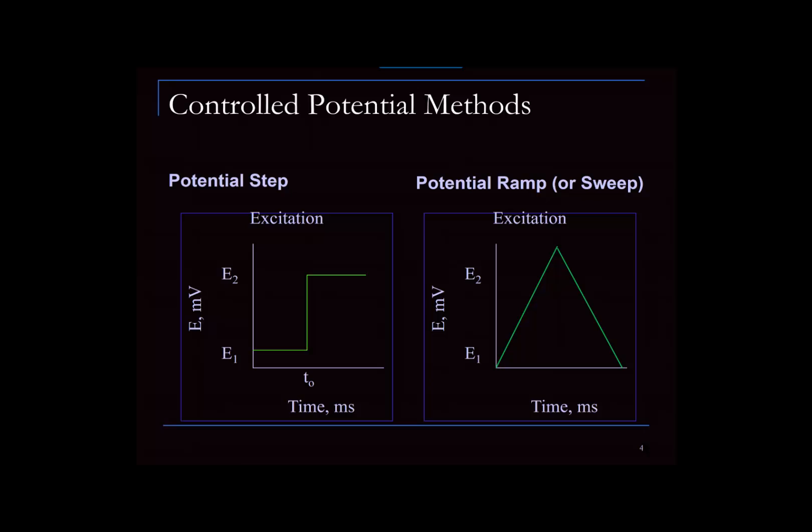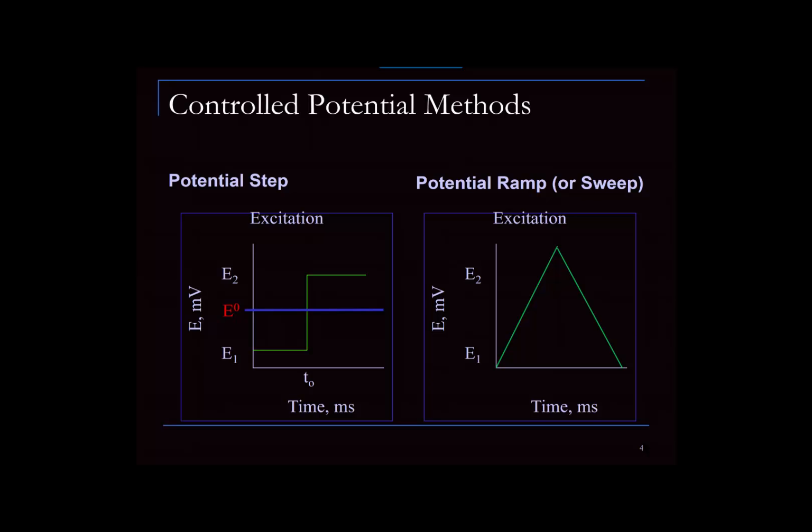In both of them, at some point in time, marked here as T0, the potential of the system is stepped between two potentials, E1 and E2, between which the redox potential for your analyte should be. And as soon as you have instantaneously changed that potential, current will flow. You'll either be oxidizing or reducing that material in solution.